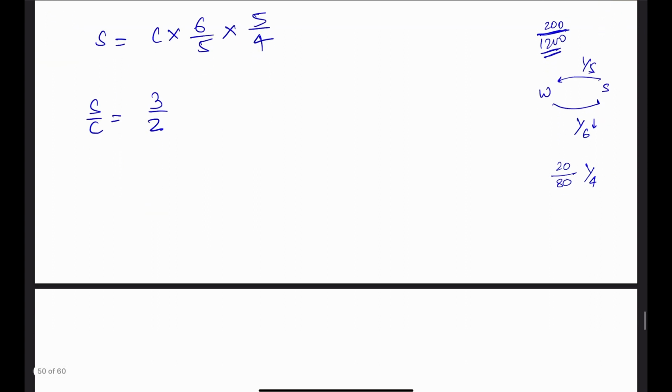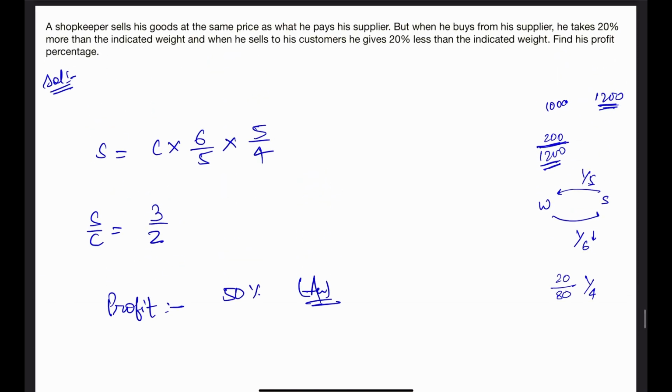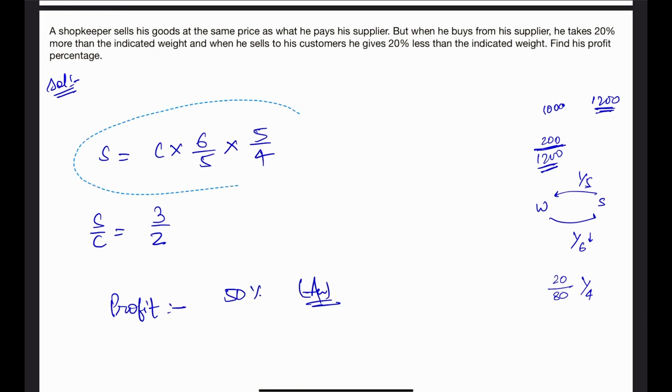So his profit percentage is how much? Cost minus sale, 50 percent, I think. So the answer to this question is correct, but there can be more methods to solve this type of question.